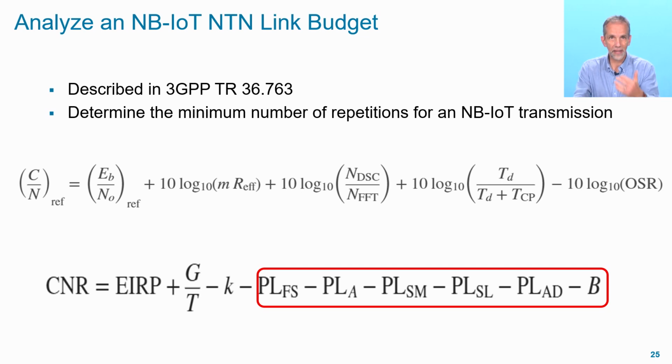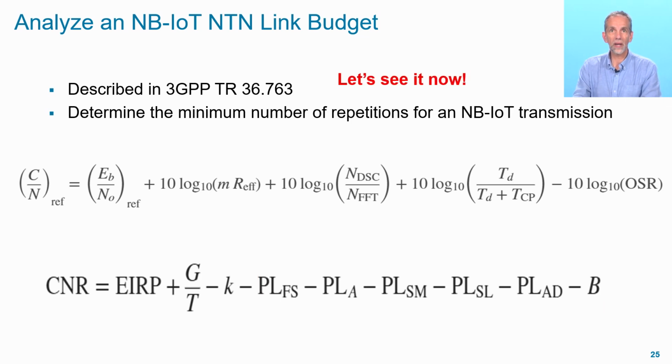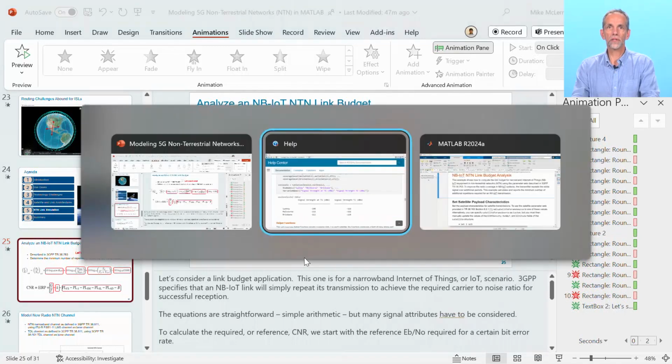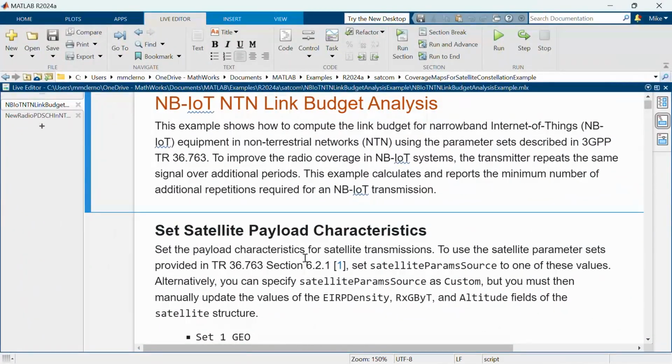So that's how you would calculate the actual CNR. If the actual CNR exceeds the reference CNR, well, you don't need to repeat the transmission at all. But you know what? Let's see the code right now. So we'll go on over to MATLAB.